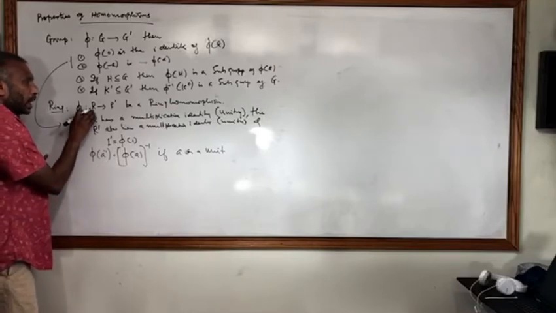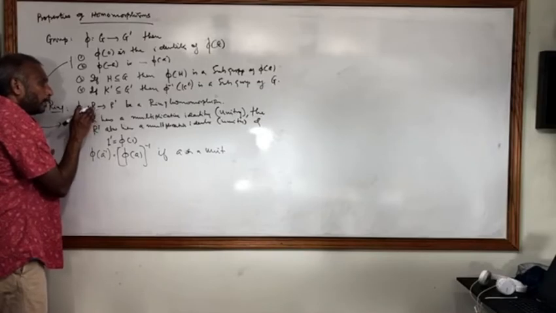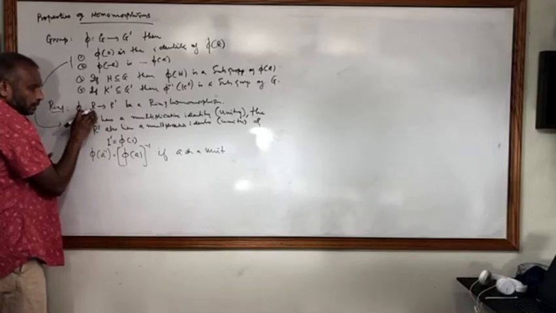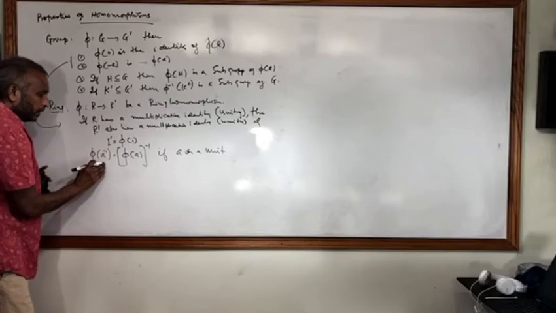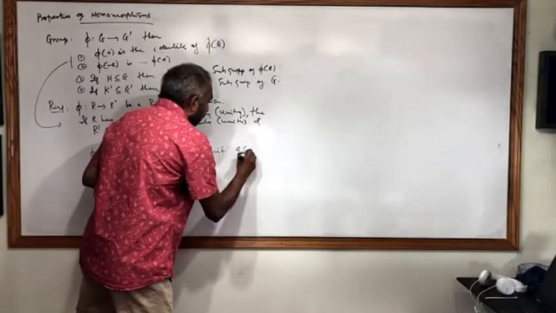R doesn't need to have multiplicative inverse for all elements in R. If it has, this is what happens, where A belongs to R.